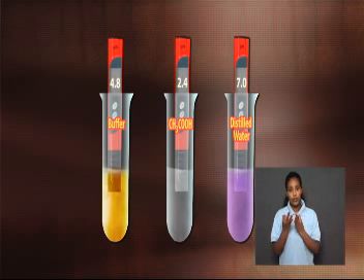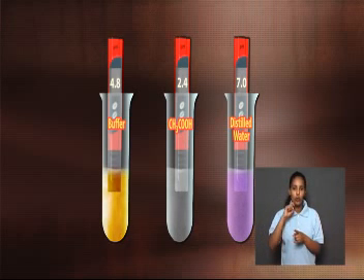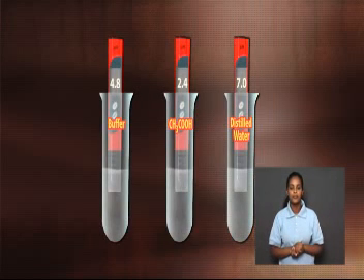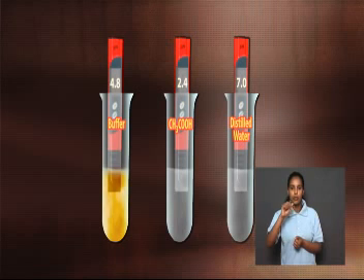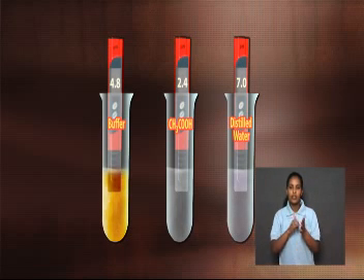If universal indicator is not available, 2 drops of methyl orange indicator can be used. A digital pH meter would also work. The buffer changes to a yellowish orange color when the sodium hydroxide is added, which indicates that it is an acidic solution. Its pH remains at about 4.8.